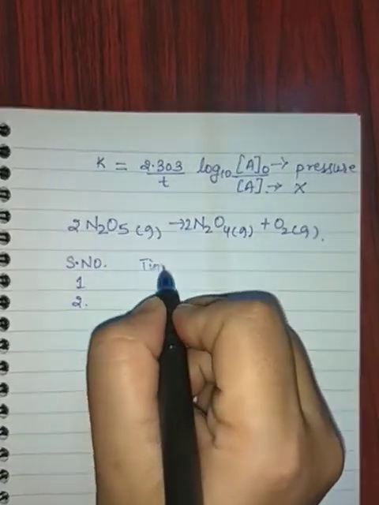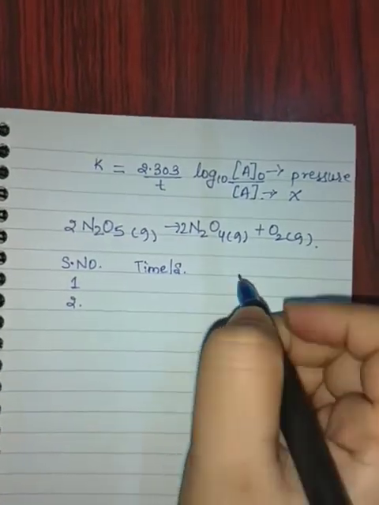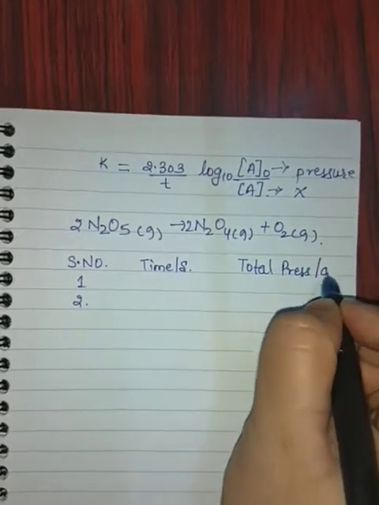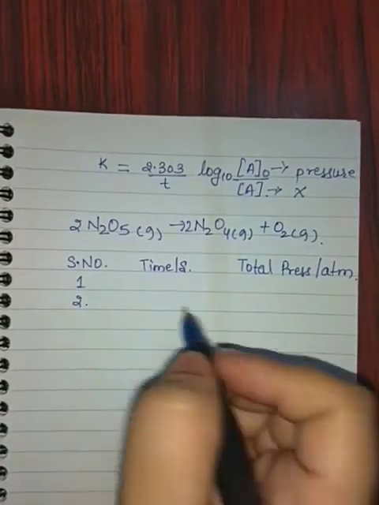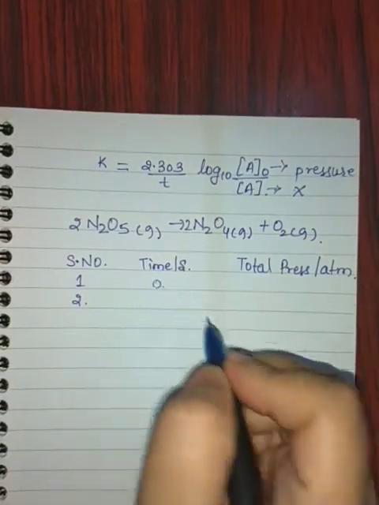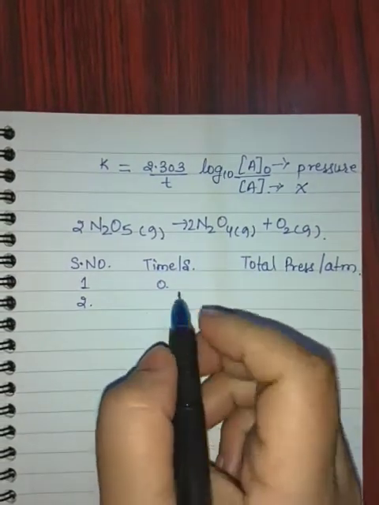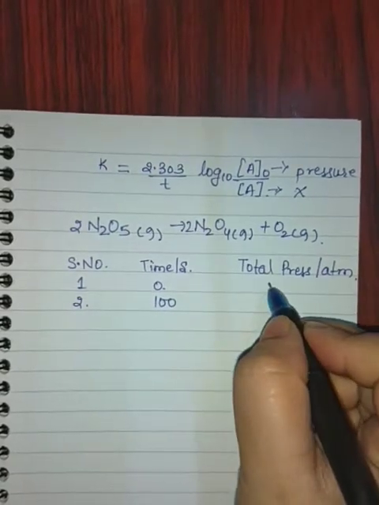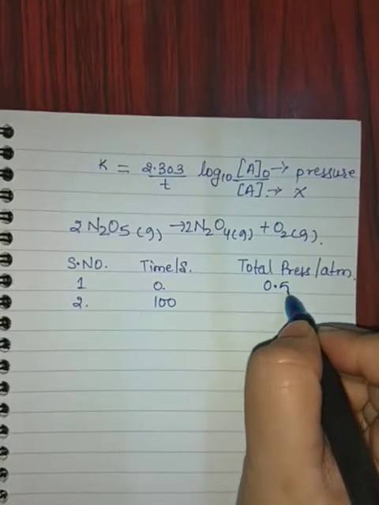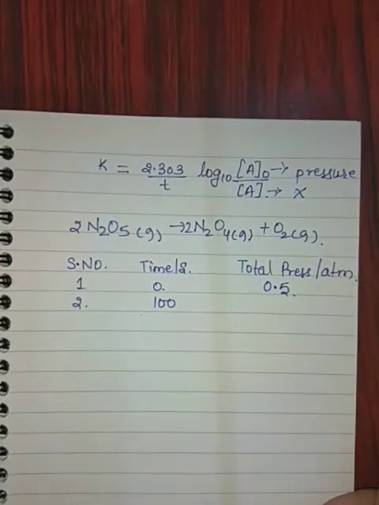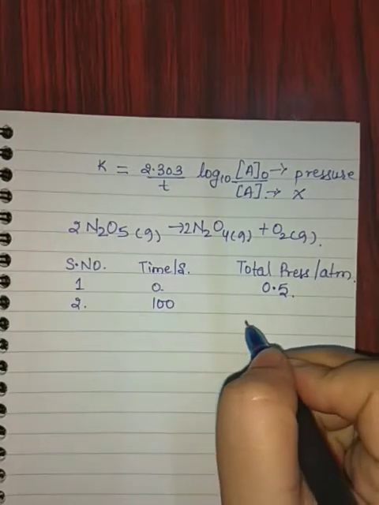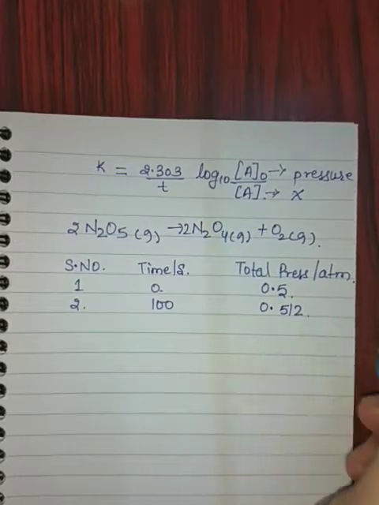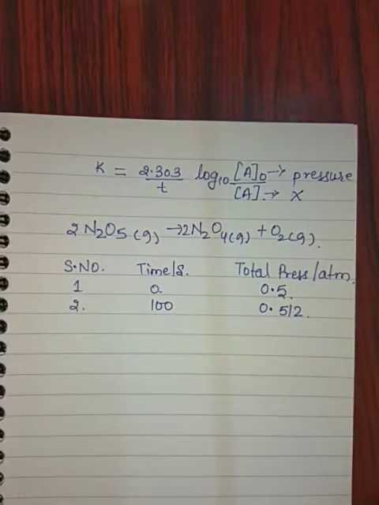Time is given in seconds and total pressure in atmospheres. When the time was 0 seconds, the total pressure is 0.5 atmosphere, and after 100 seconds the total pressure was 0.512 atmosphere.